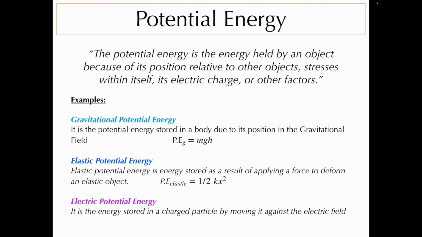It is equal to 1/2 kx squared. It resembles the formula for kinetic energy also, so keep the differences in your mind. Here k is called the spring constant, and x is the position of that object with respect to a reference position, or its normal position before attempting to deform it.